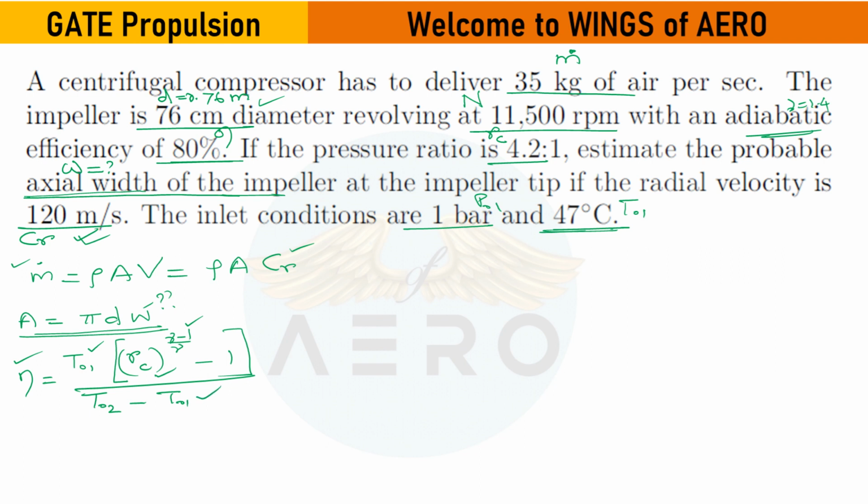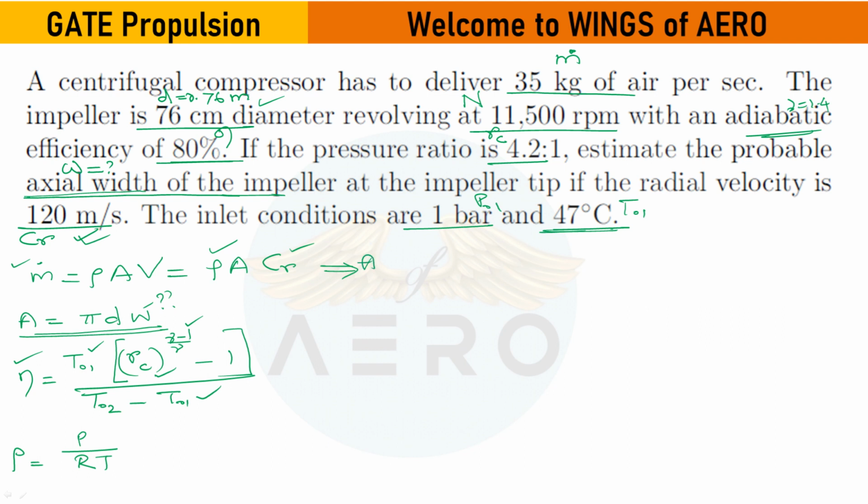Now we have discussed one more formula to find rho. What is the formula of rho? P by R T. P is given and T is given, so we can find rho. Just have a look at the mass flow rate: we can find the rho value, the mass flow rate is given, and CR is given.